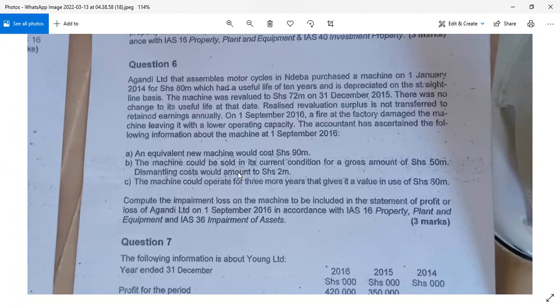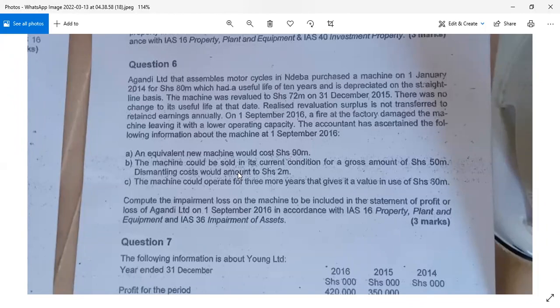Then they're saying that the accountant has ascertained the following information about the machine at 1st September 2016 when we had the damage. So one is that an equivalent new machine would cost 90 million. Then they're saying that the machine could be sold in its current condition for a gross amount of 50 million.